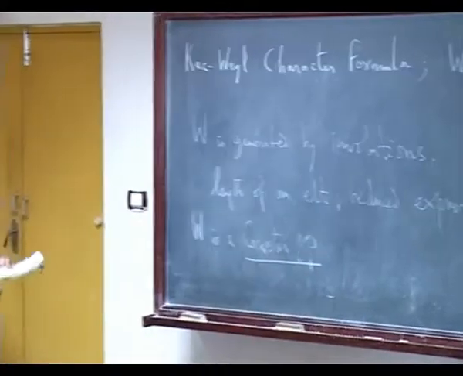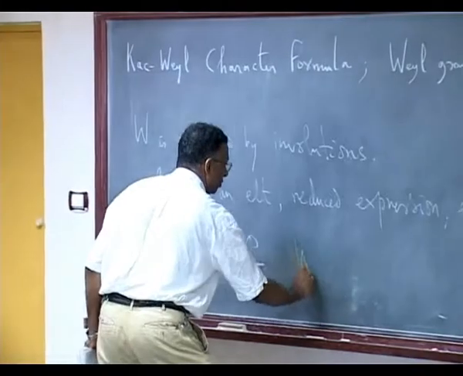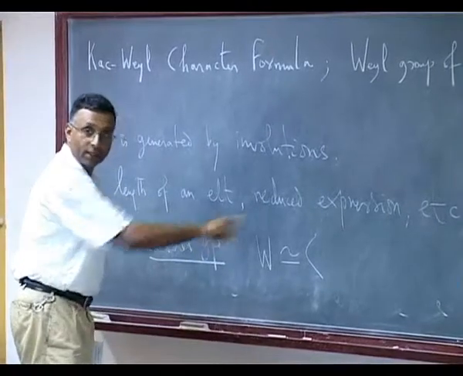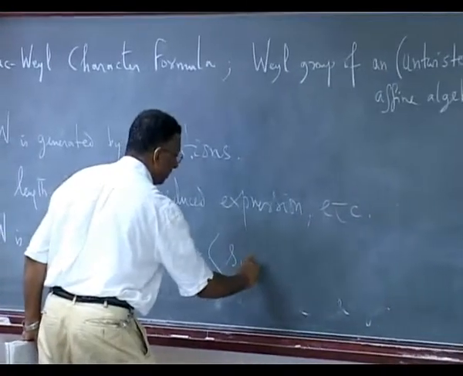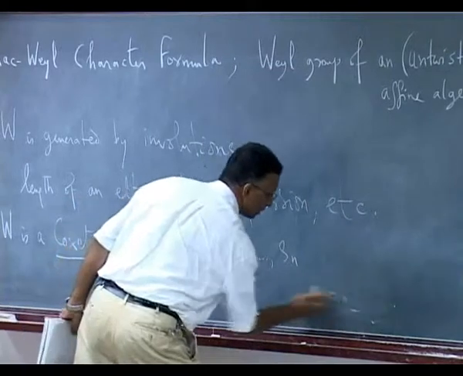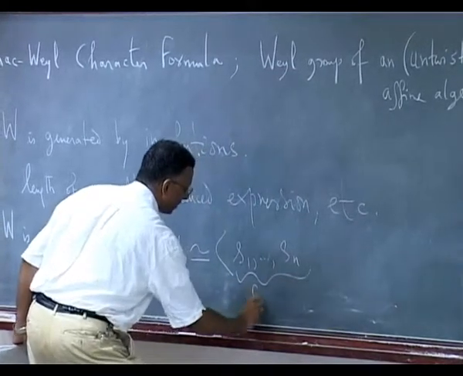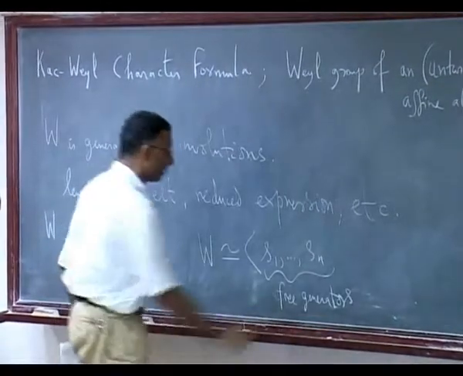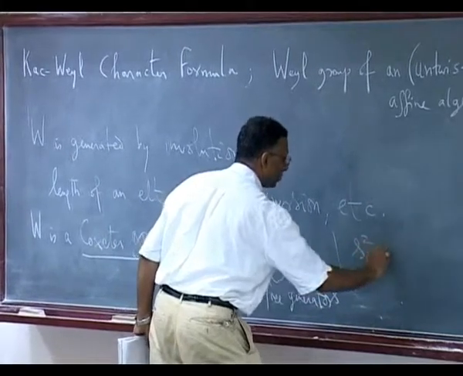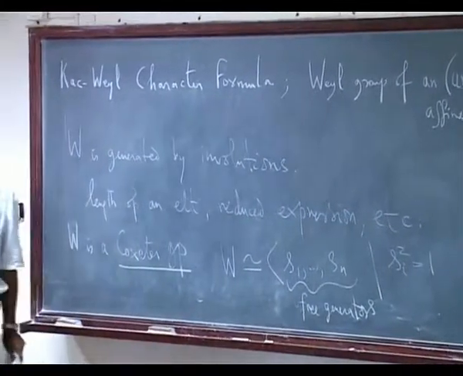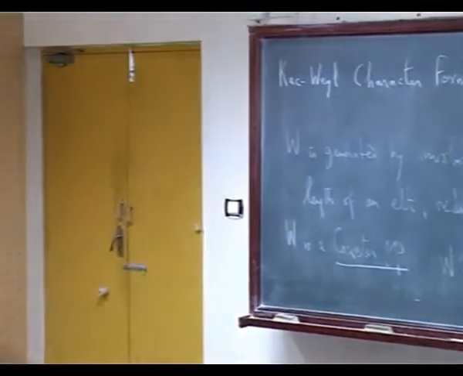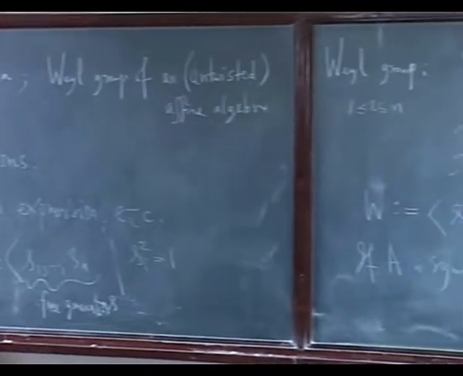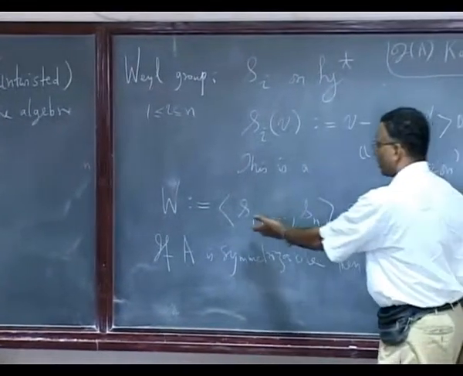What that means is the following. This is no more, no less than the following statement. It is generated by S_1 to S_n by definition. So suppose I take these to be free generators and put the conditions S_i squared equals 1. Each one of these is an order 2 element because it's a reflection.